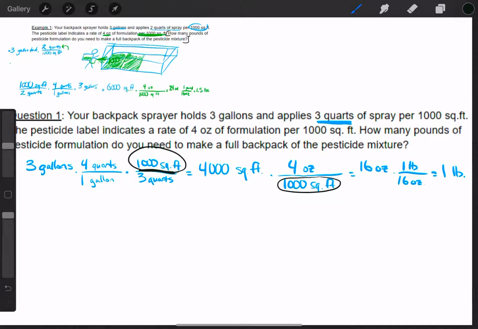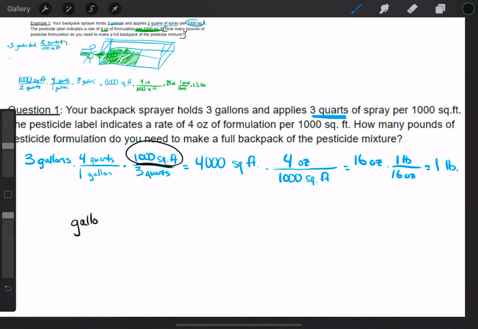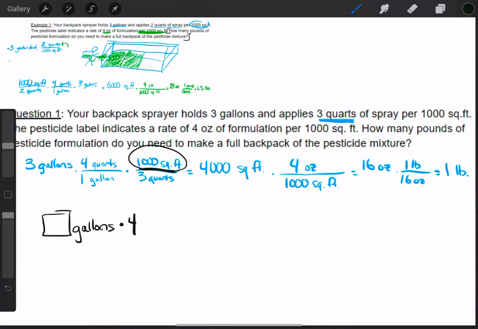So if you wanted a shorter sort of formula to sum all this up, you're really just taking some number of gallons. You multiply that by 4, turn it into quarts.